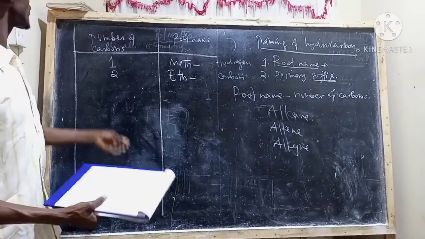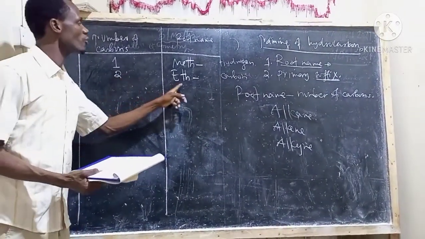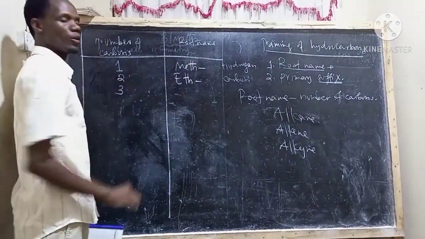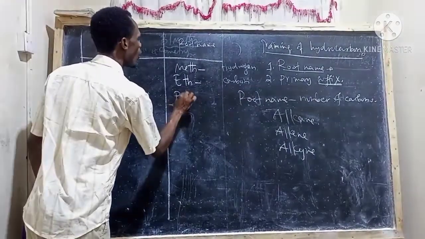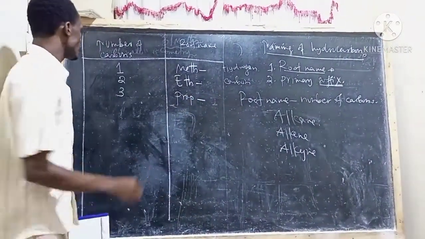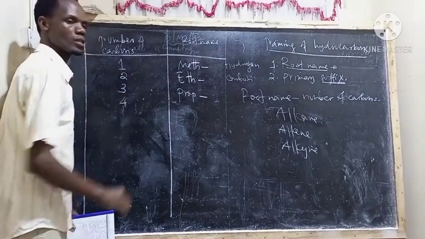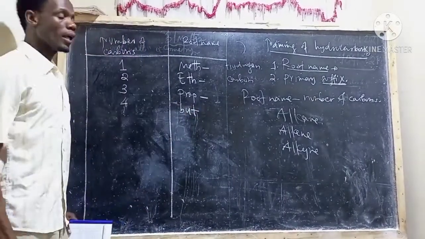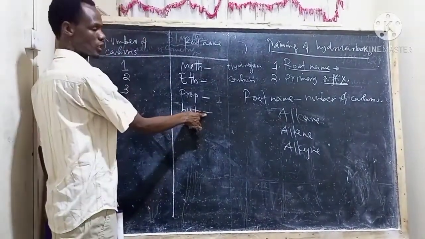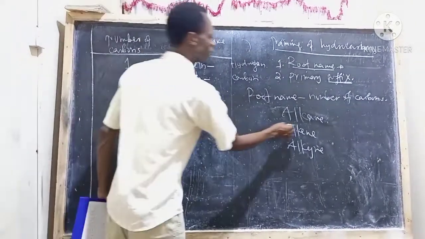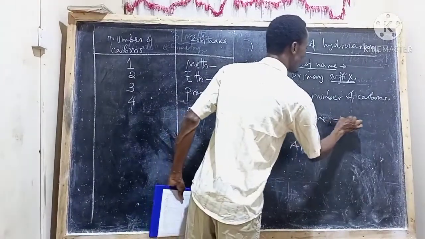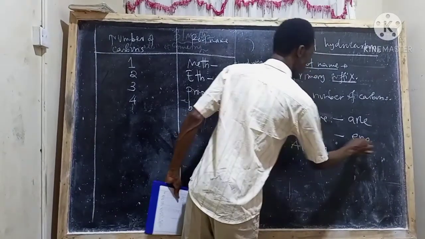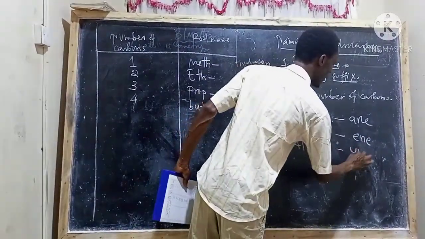The hydrocarbon with two carbons, its root name is called eth. Hydrocarbon with three carbons, its root name is called prop. Hydrocarbon with four carbons, its root name is called but. Why do we show with a dash? Because we need to go ahead with other things. For alkane, we just add A and E. For alkene, we just add E and E. For alkynes, we just add Y and E.